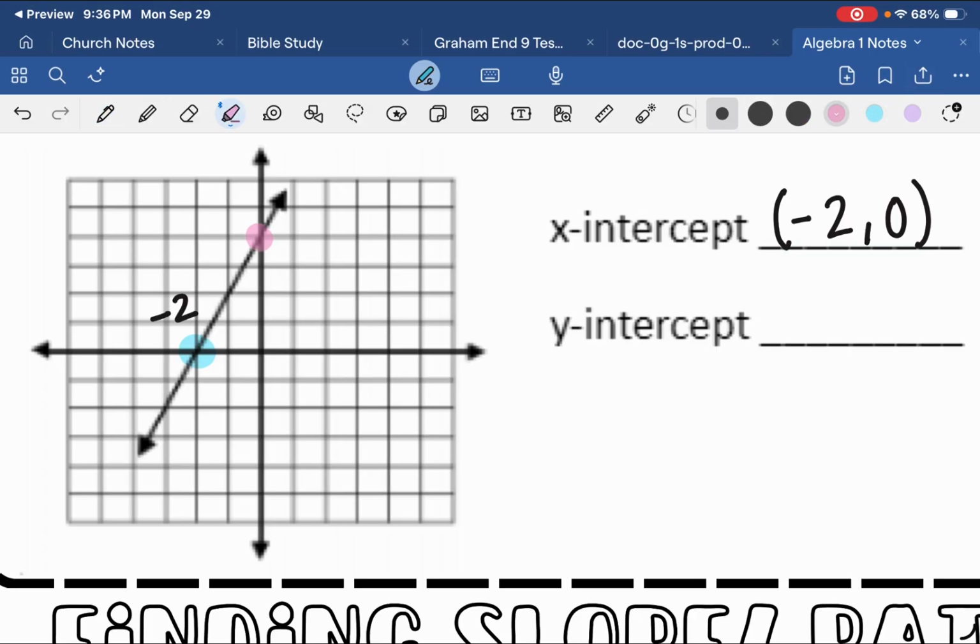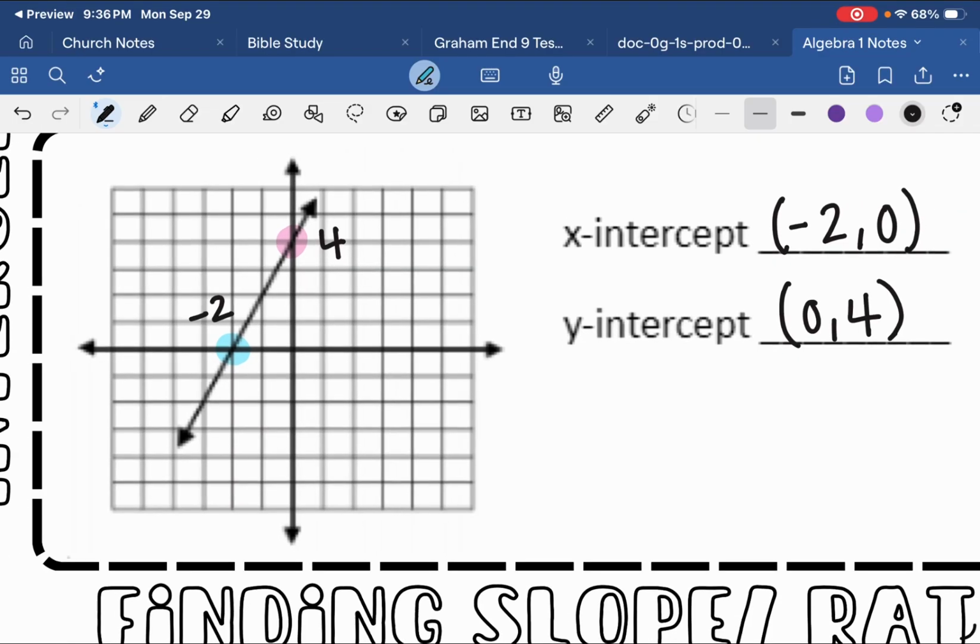Then the y-intercept is where it crosses the y-axis. In this case, it is +4, so I write that ordered pair as (0, 4). All right, that's it. Remember that this is going to be your x-axis and this is going to be your y-axis.